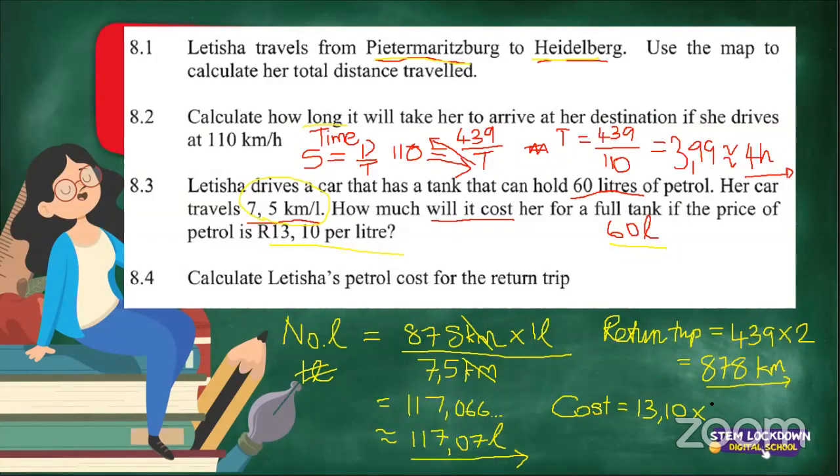In this case, it is 117.07. Multiply those two.